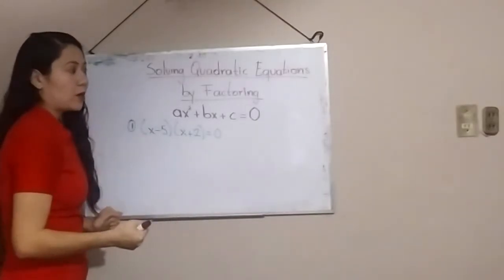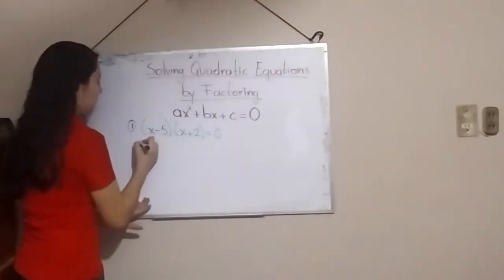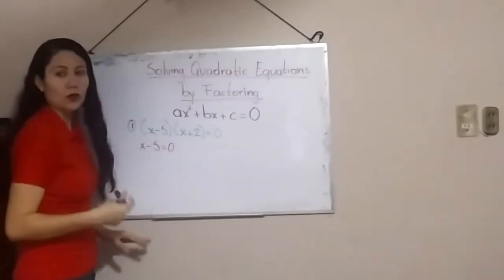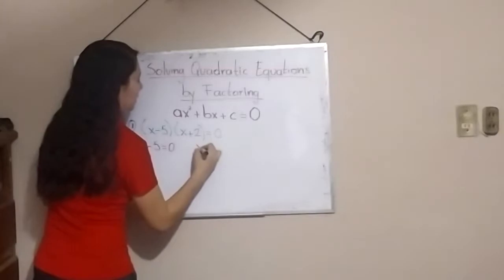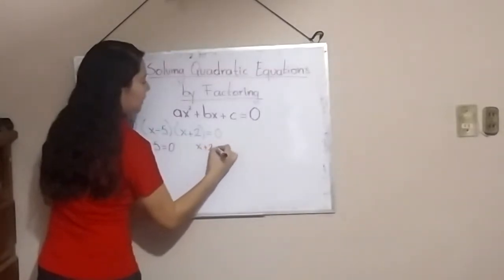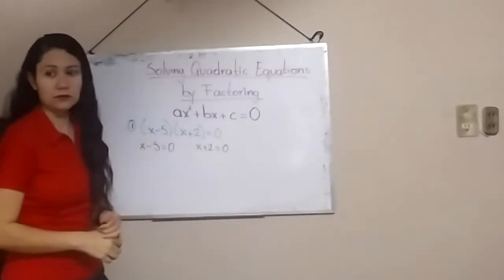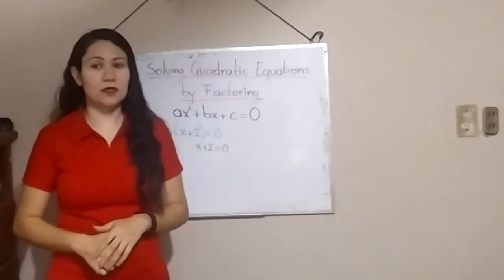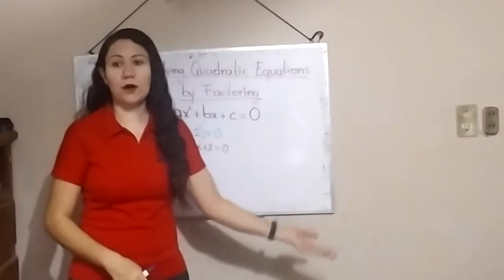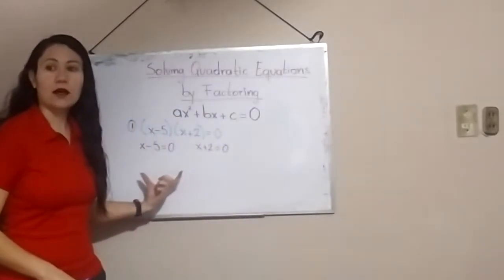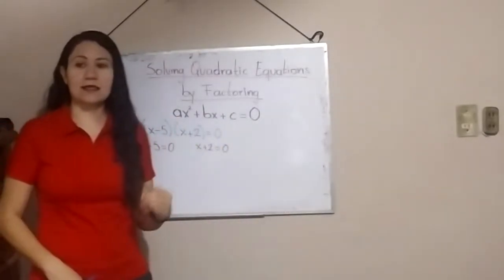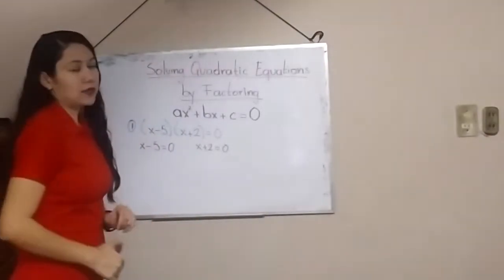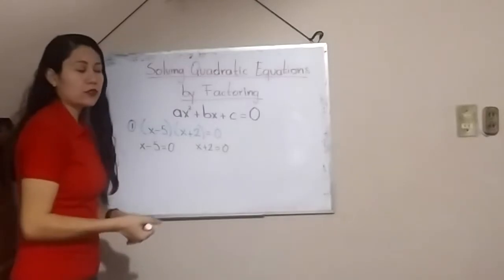So, our two options are either x minus 5 equals 0 or x plus 2 equals 0. And that's how we apply the zero product property, by knowing that one of the factors has to be equal to 0. Now, we isolate the x to get our result.